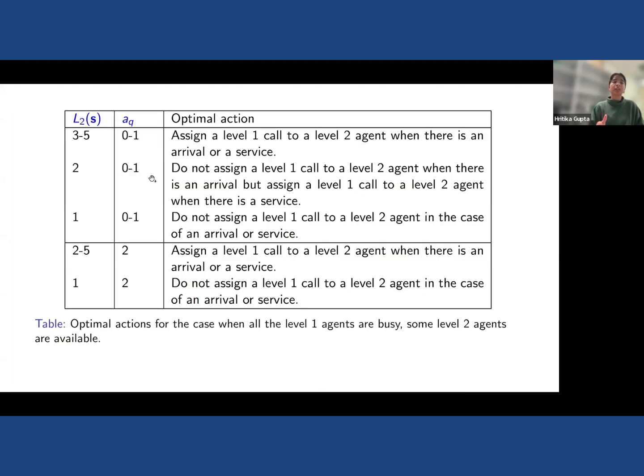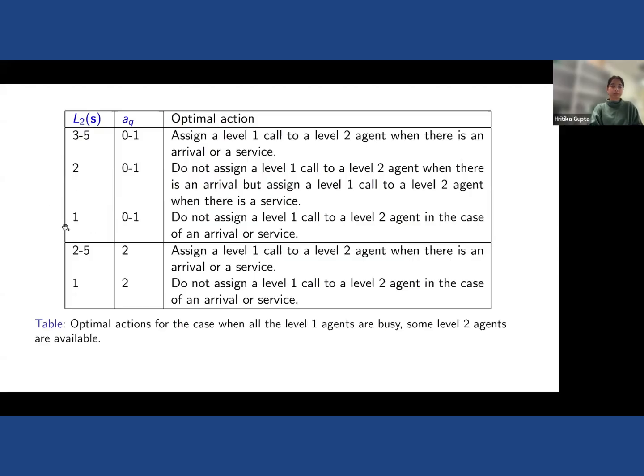The idea is that the optimal action depends on how many agents are available at level 2 and how many customers are waiting in the queue at level 1. So if more agents are available, the optimal action would be to assign the waiting call to the agent, because we have more than enough level 2 agents and we can afford to assign a level 1 call to a level 2 agent in that case.